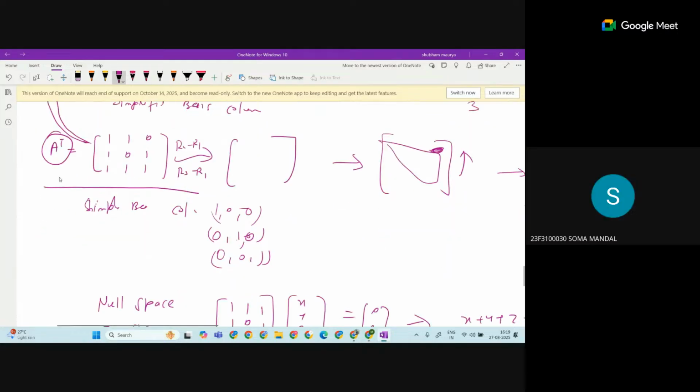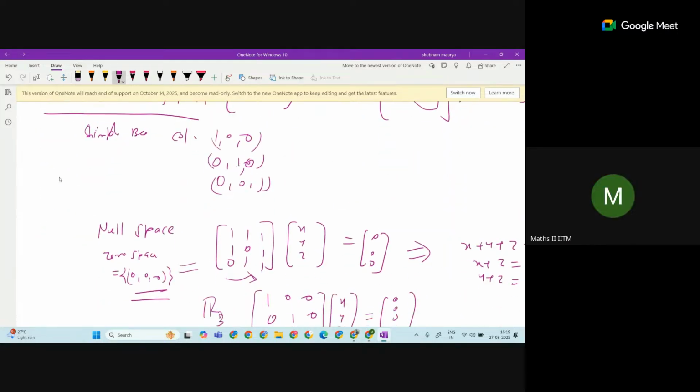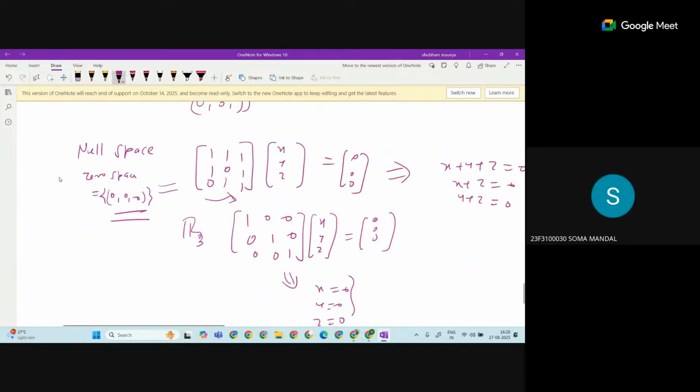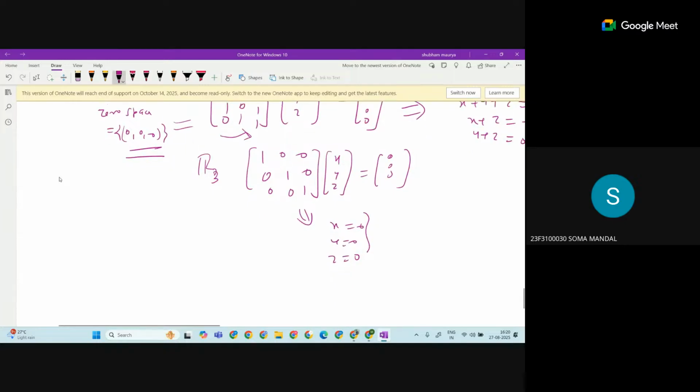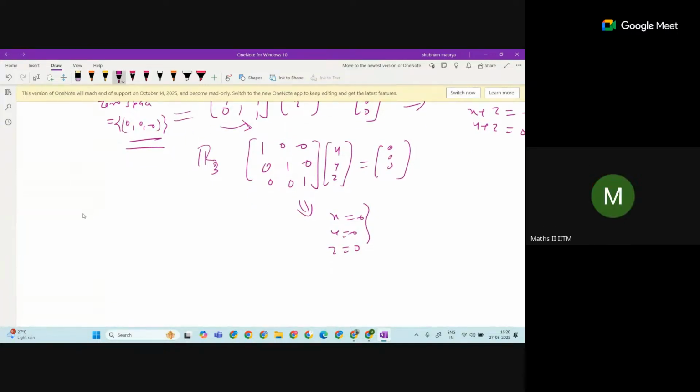Okay. Sir, can you do one matrix for me, for the fundamental spaces of A with complex numbers? Yes, complex numbers are okay. Can I tell you the matrix?